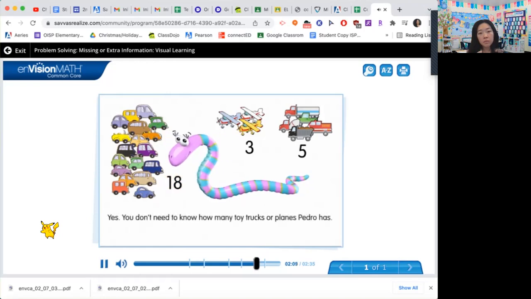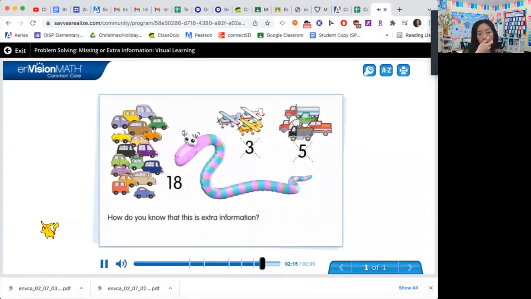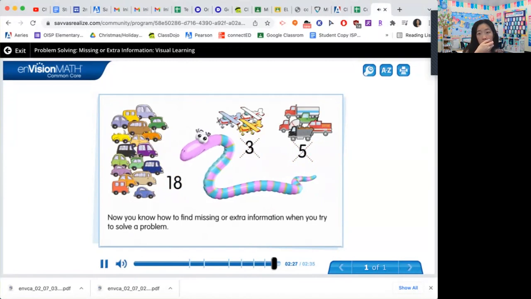Yes, you don't need to know how many toy trucks or planes Pedro has. How do you know that this is extra information? It does not help to solve the problem. Now you know how to find missing or extra information when you try to solve a problem.